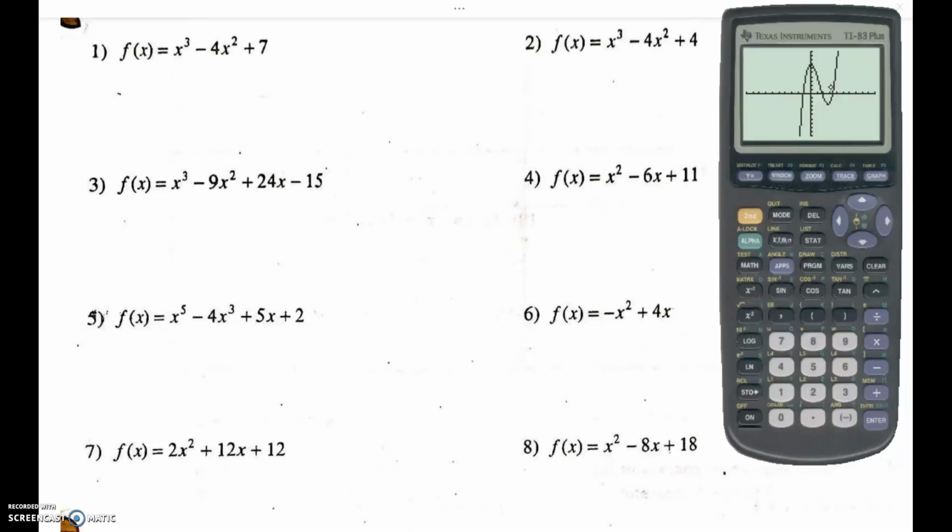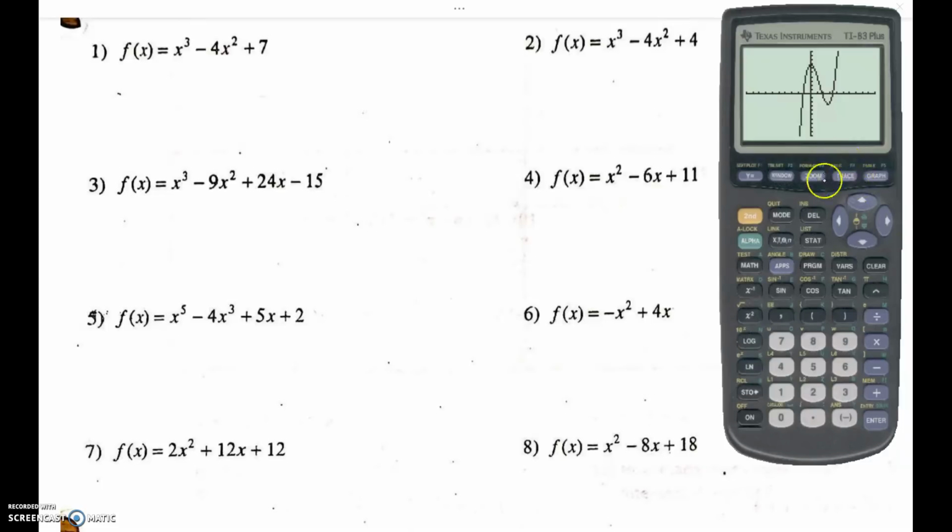So right here, what we've got is our relative maximum, and here we have our relative minimum. Those are the lowest places on our graph that we can actually calculate that are not negative infinity and positive infinity.